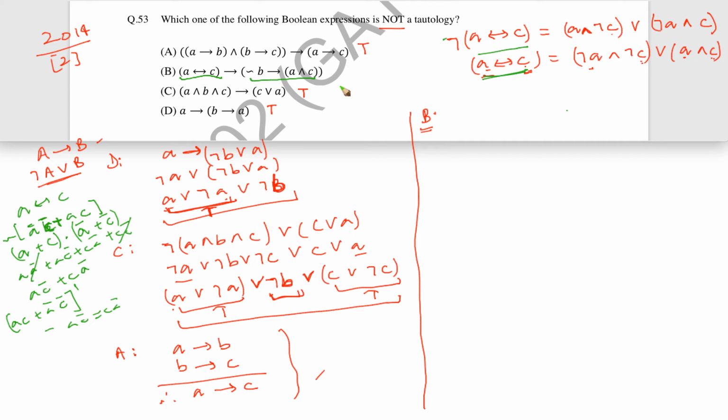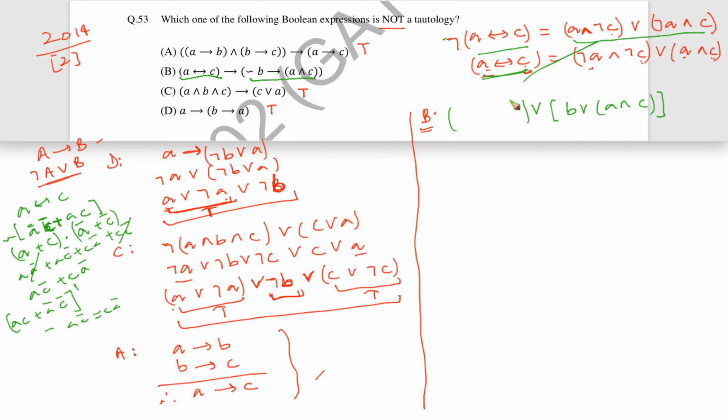So not of this first thing, which will be B itself, or A and C. This entire internal thing can be written like this, and after that this thing is going to be not A or of this thing. So or, and this thing is going to be not of this thing, and not of this thing is basically this thing.